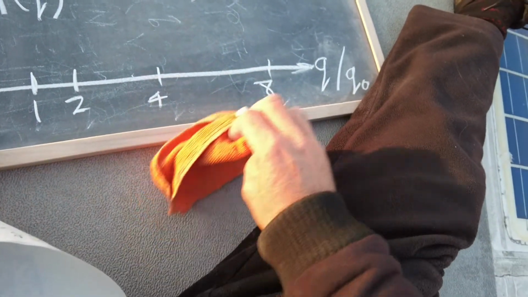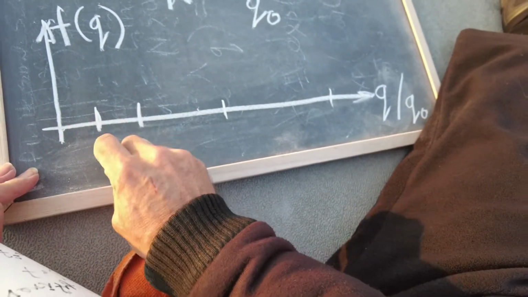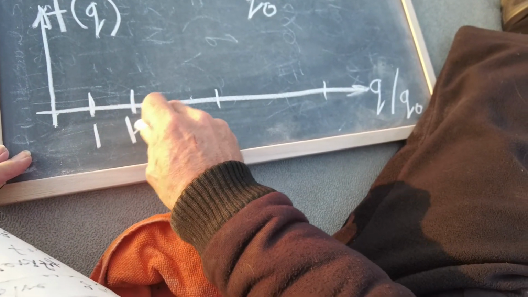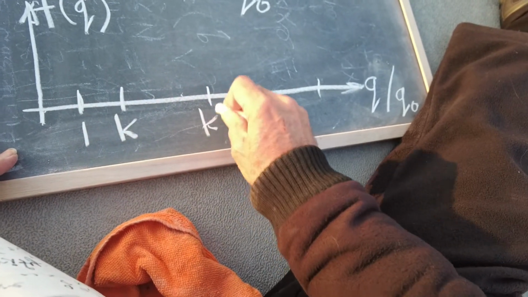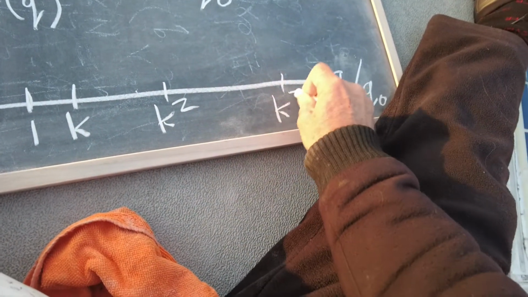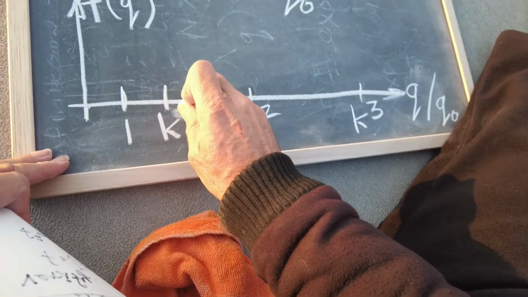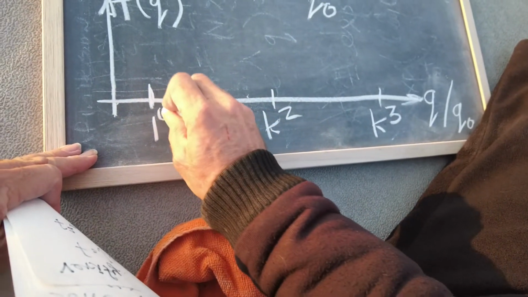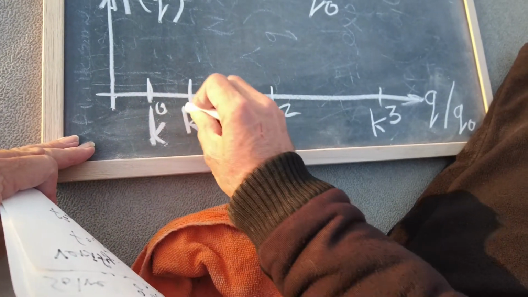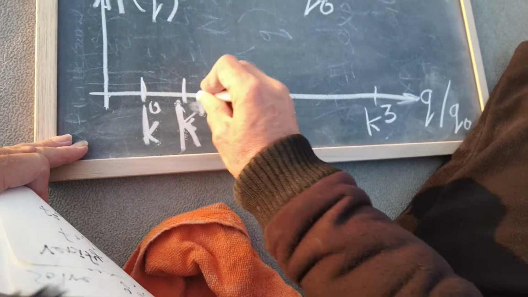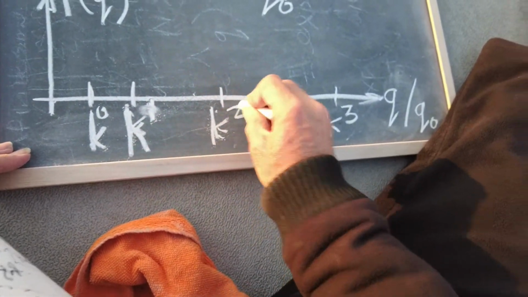And then more generally, for general value of k, this becomes 1, this becomes k, this becomes k squared, this becomes k cubed, and of course k is just k to the 1, and 1 is just k to the 0. So I'll write that as k to the 0, k to the 1, k squared, k cubed.